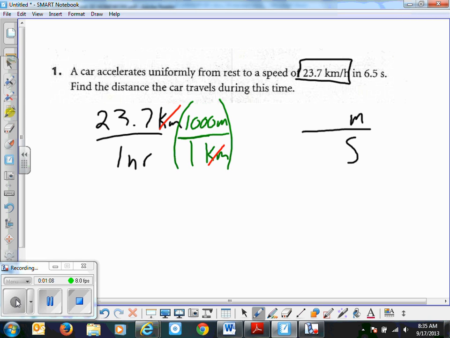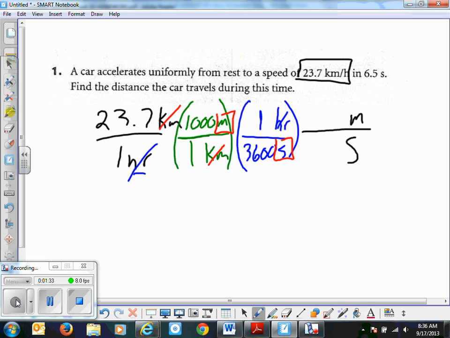Do you agree with that? Then the next label that I have to factor out is hours. So hours has to be on top, right? 1 hour is 3,600 seconds. Now we factored out that label because hours divided by hours is 1. Now what we're left with in the end is meters per second.